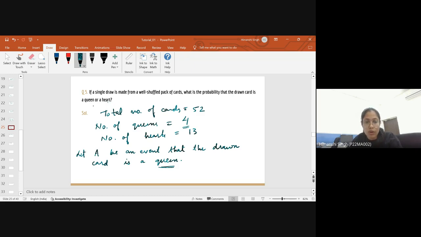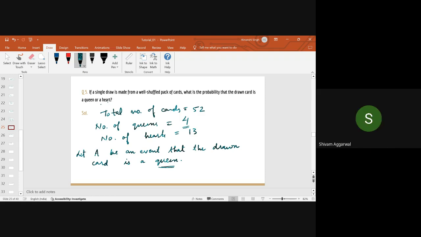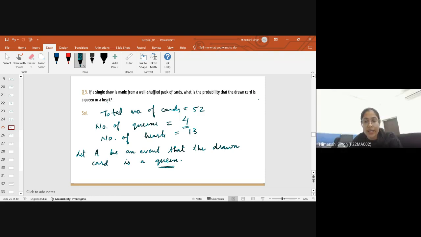So what do you conclude from this? Is it asking for the union or for the intersection? Union. So it is basically saying that the card can be a queen or can be a heart. If it was "and", then we would be focusing on the intersection.